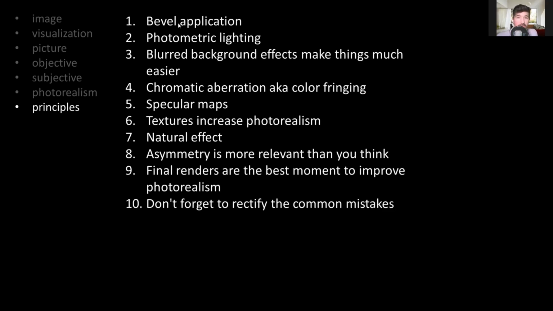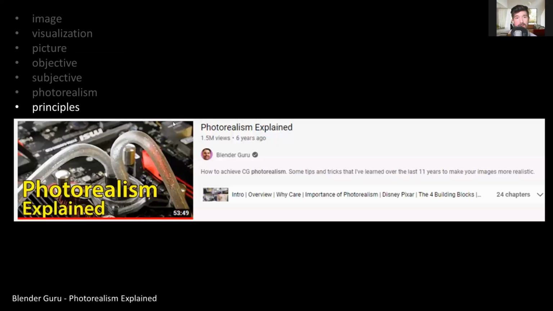So we can see that bevel application is something that is repeated, but photometric lighting and blurred background effects make things much easier, is nothing more than depth of field. So it lacks certain professional terminology, which is understandable given that the laymen should be able to understand this. But in some cases, the extremes go to chromatic aberration, which perhaps is not as important as some of the main things that are not mentioned in this case.